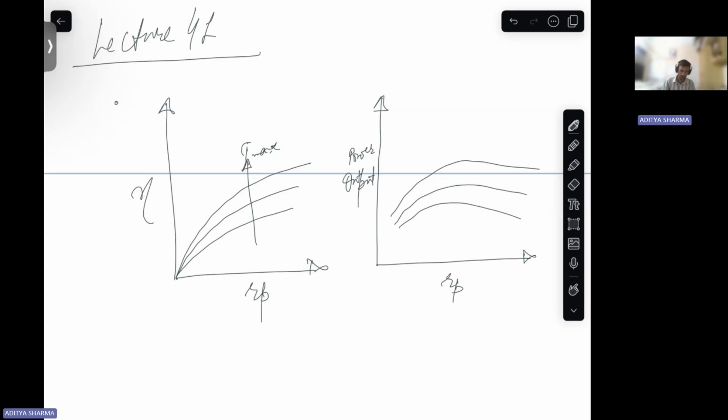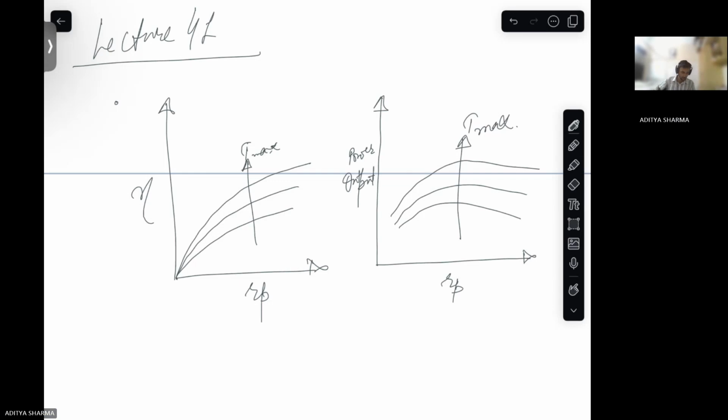I'm discussing turbine cooling methods, in which I have drawn first efficiency versus pressure ratio, then power output versus pressure ratio. This graph shows how, if we increase the maximum temperature, it leads to an increase in the power output.